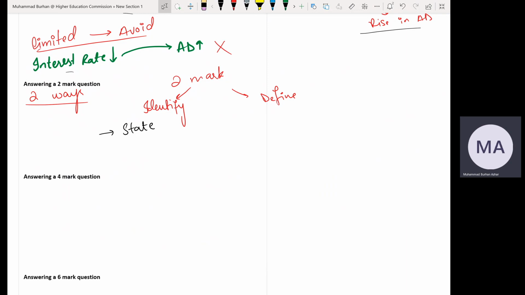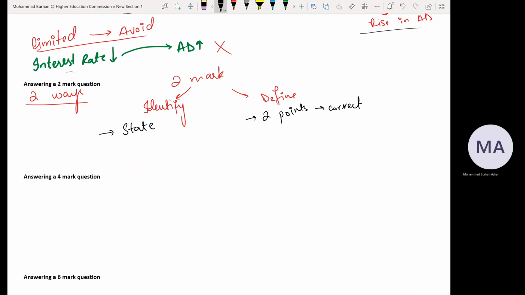ठीक है? जब define का question है, so remember one thing कि for a 2 mark definition you need at least 2 points which should be correct, obviously. ठीक है? And उसकी वजह से you will get 2 marks. जैसे for example अगर मुझे आता है कि define a maximum price, so how will I define it, कि a maximum price is a price ceiling which is said to provide relief to the consumers.